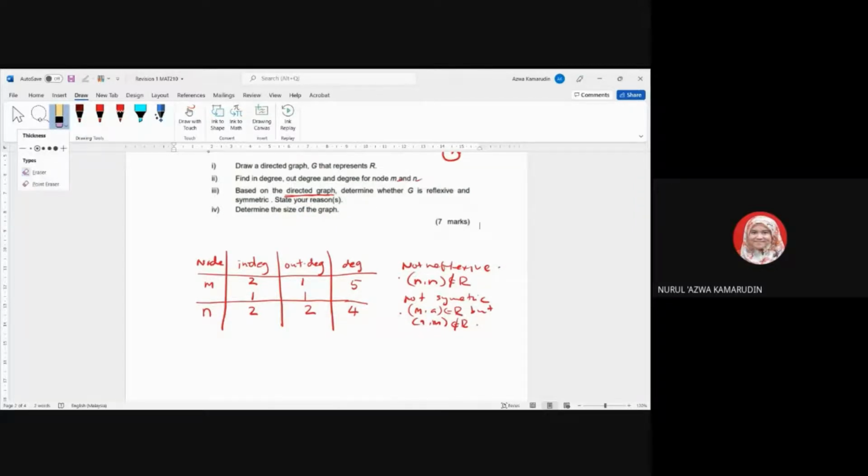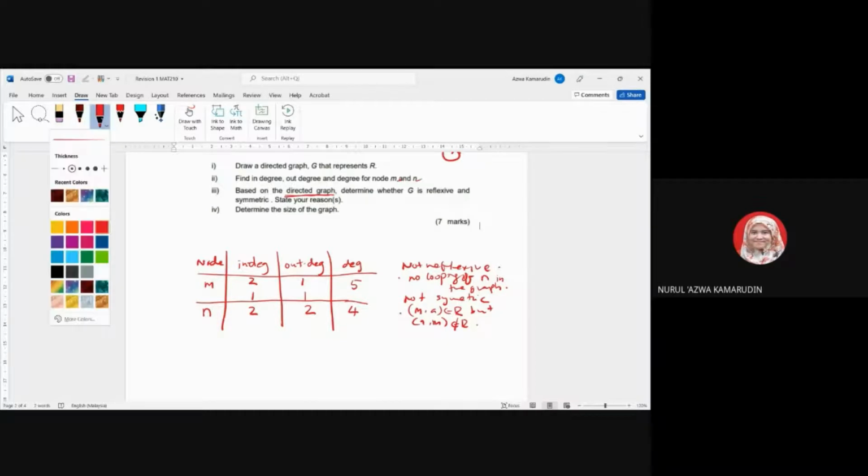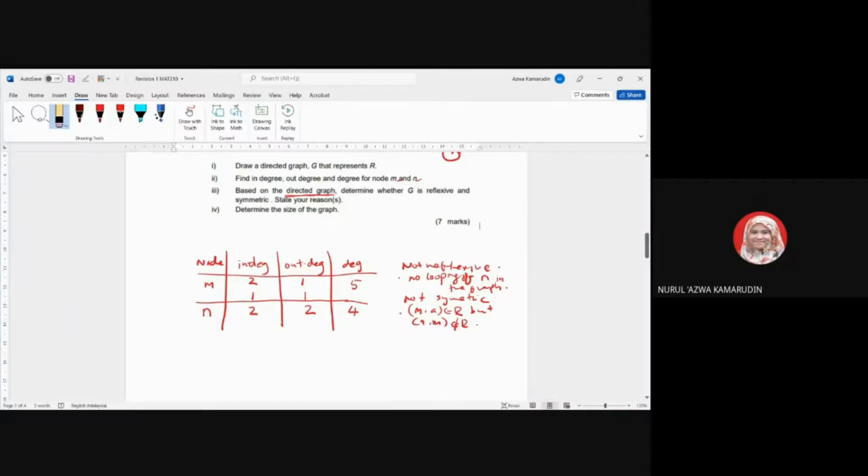So it will be, okay, saya padam ni. Okay, kita tahu kan N tu tak ada. Okay, jadi tulis tukar not reflexive sebabnya no looping of N in the graph. Okay, so untuk yang satu lagi ni, kita tahu yang MA tu ada, tak ada AM kan.